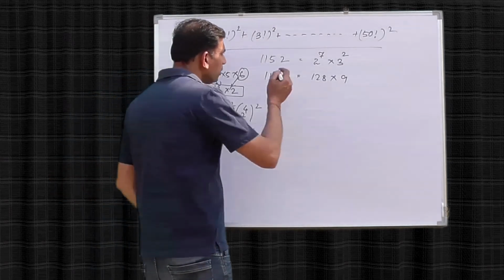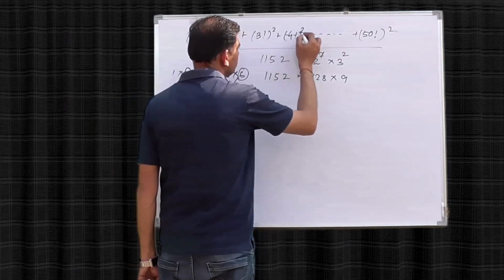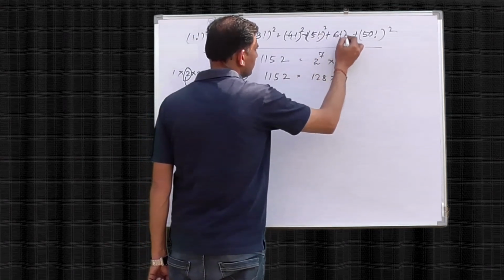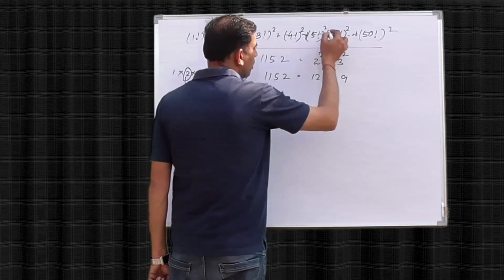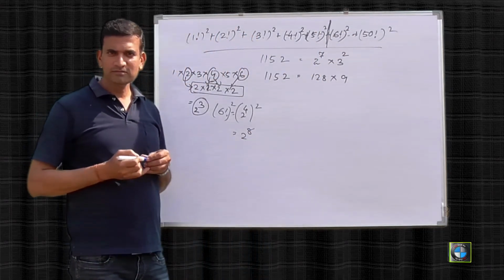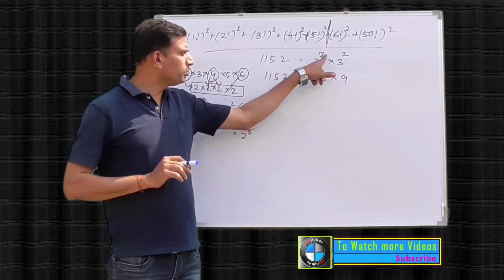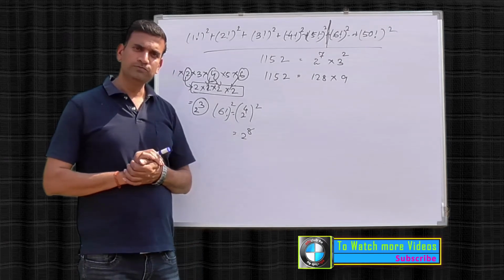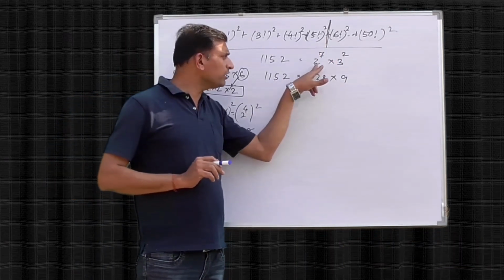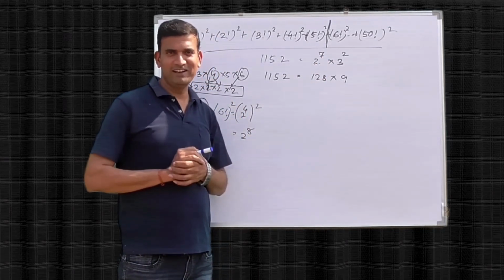So if you consider up to 5 factorial square, then it is not completely divisible by 2 to the power 7 and 3 to the power 2, because up to 5 factorial square we are having 2 to the power 6, not 2 to the power 7.